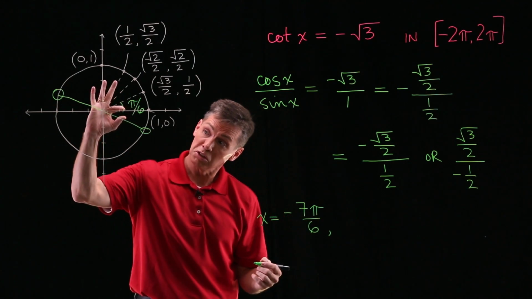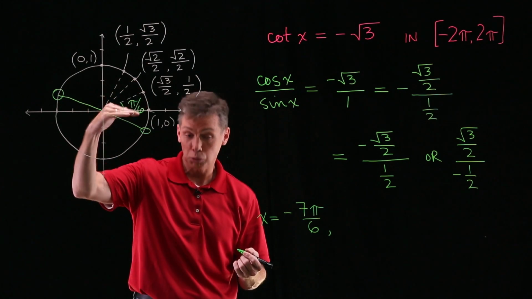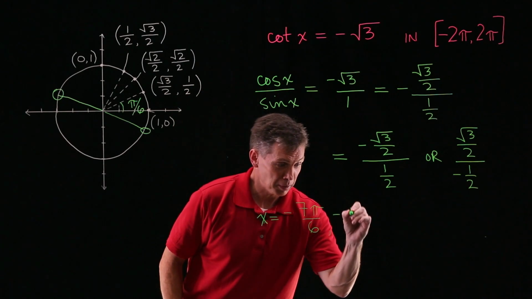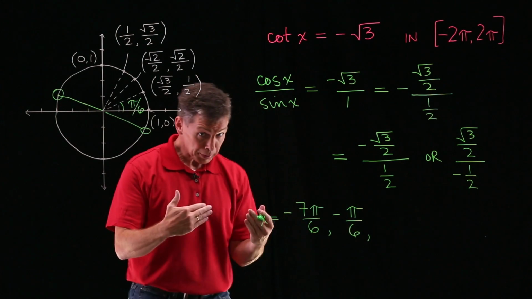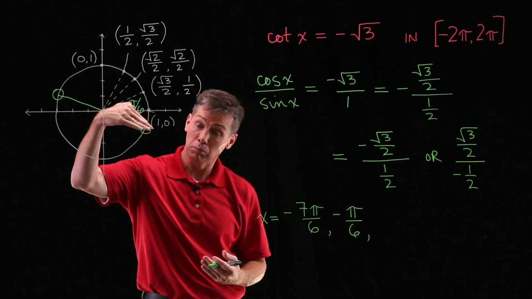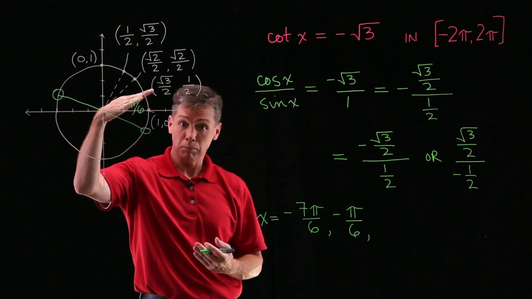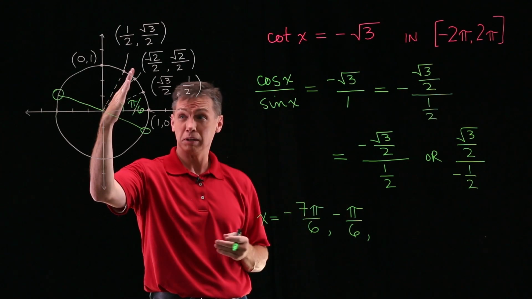My second solution is I'm now trying to represent that pi over 6 reference angle, but in the fourth quadrant with a negative angle measure, and that's negative pi over 6. Comma. And I'm going to keep going, moving counterclockwise now, into 0 and positives. I'm heading towards that positive 2 pi, which is the end of my interval.